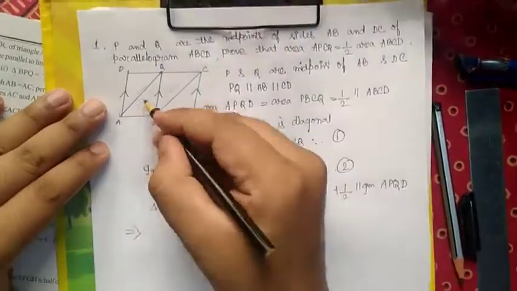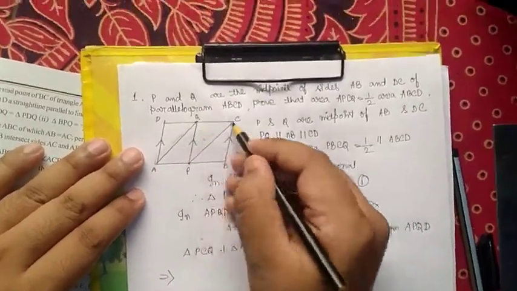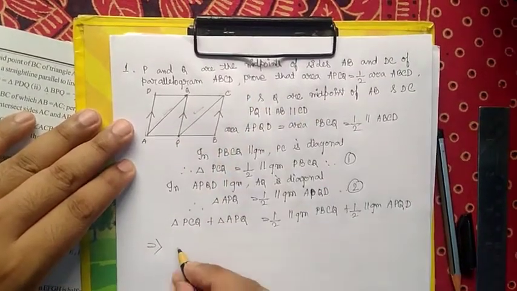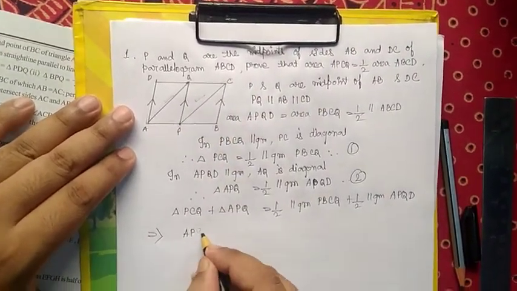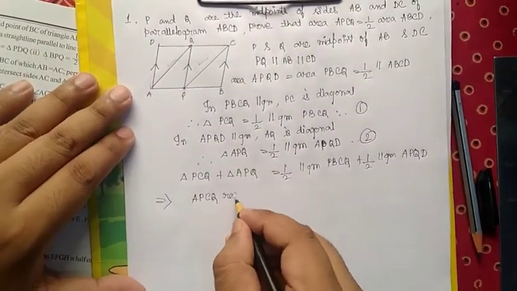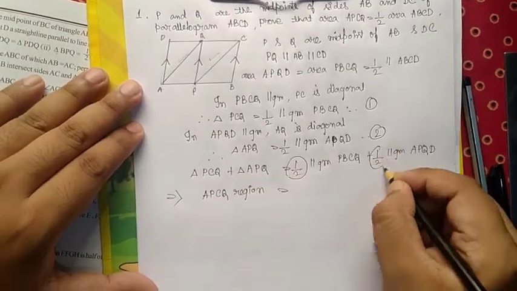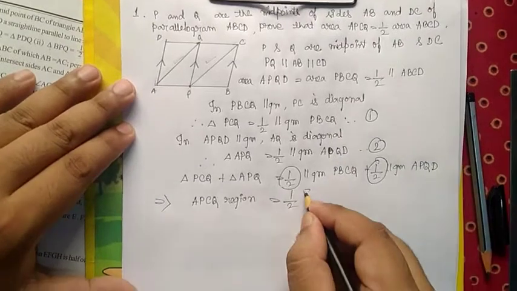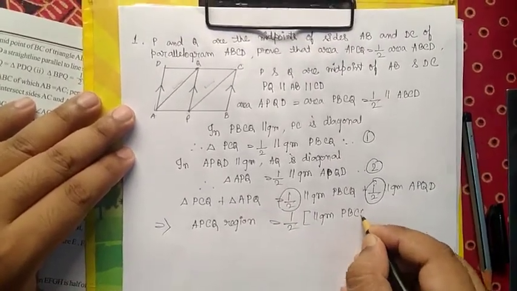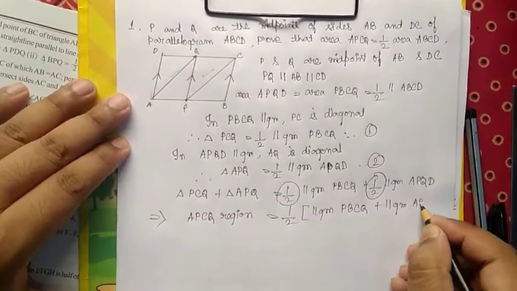So if we add these two triangles, we get APCQ region equal to, taking the common half from both, parallelogram PBCQ plus parallelogram APQD.